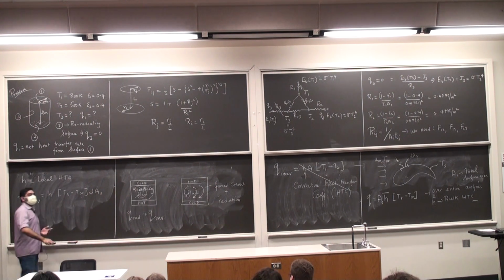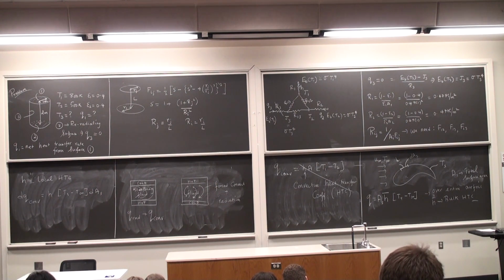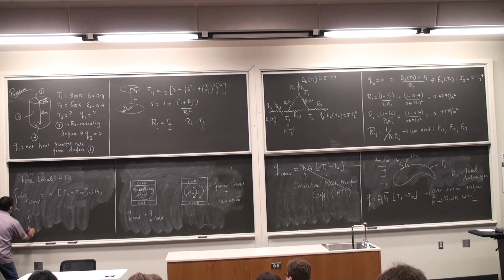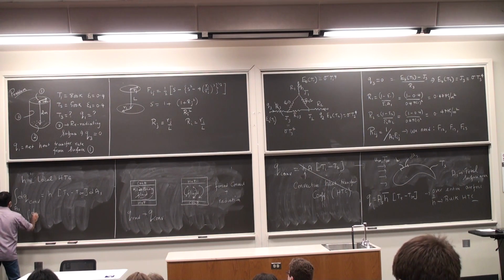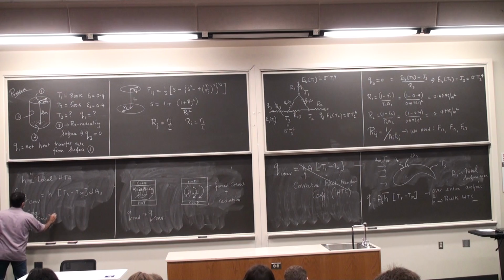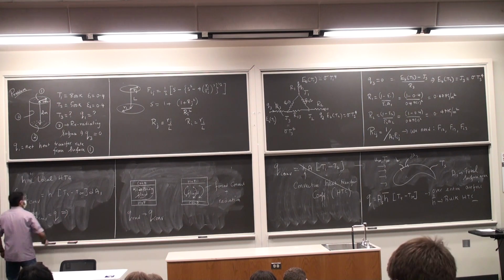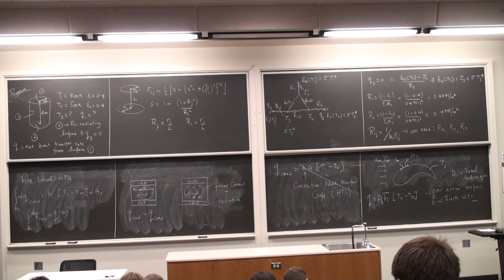Does this make sense to everybody? I'm applying Newton's law of cooling for that small portion. If I integrate all of this over the surface area, then I get Q. So the integral of dq convection is equal to Q. The factor of Ts minus T infinity is common for both.